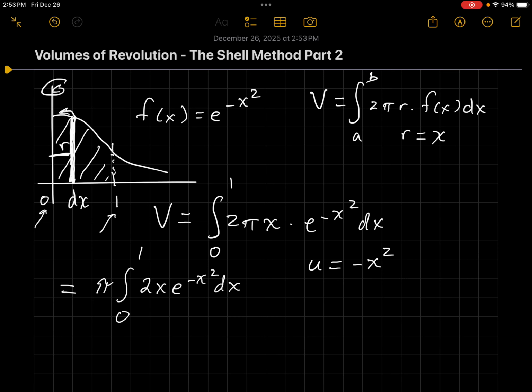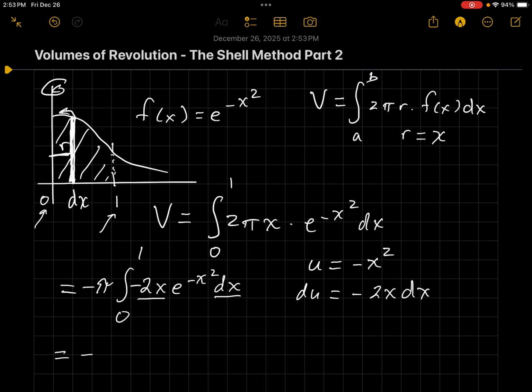The reason why is because I see if I take du, I get negative 2x dx, and I have almost all of my du. The only thing I'm missing is the negative sign, so I'll multiply by negative 1 on the inside and on the outside.